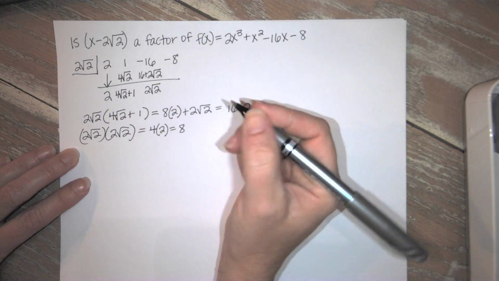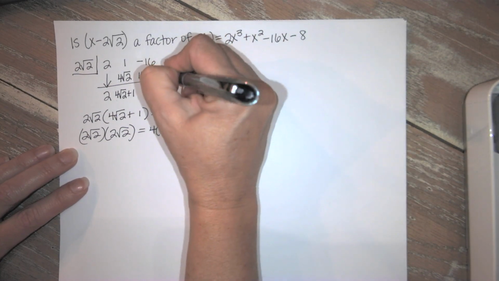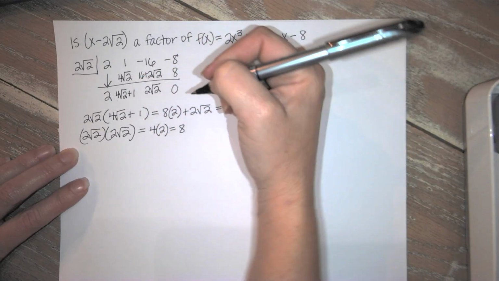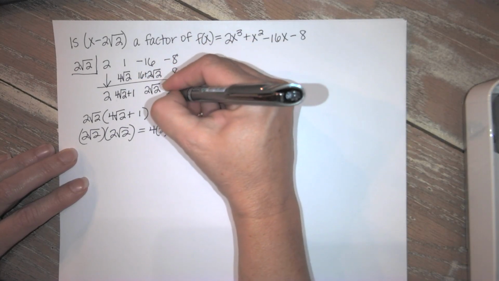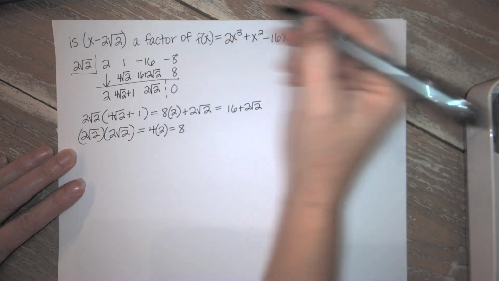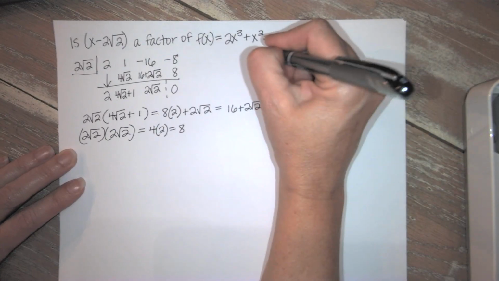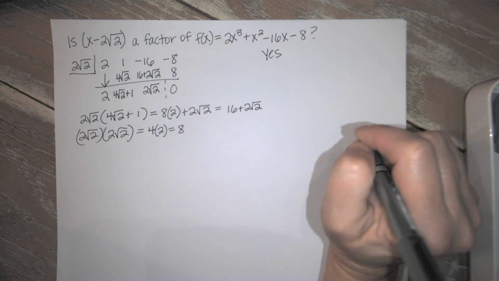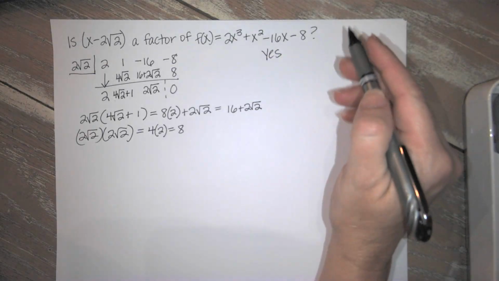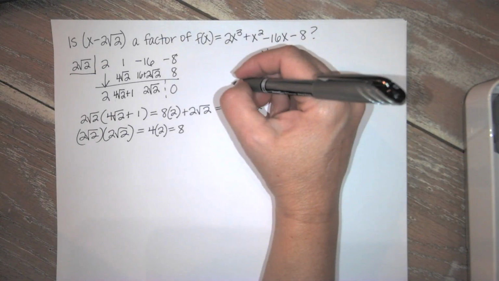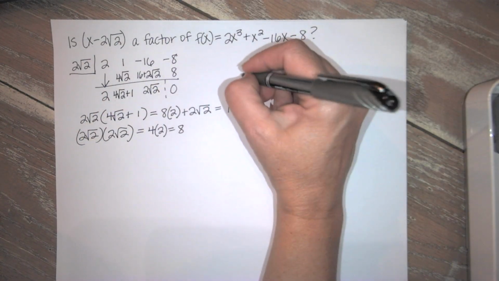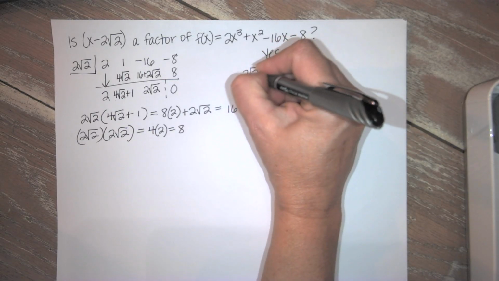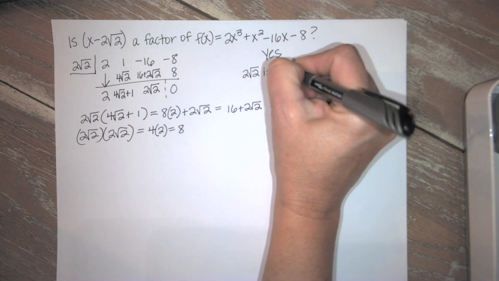So that gives me 8, which goes here. And you see that that, in fact, makes 0 as my remainder. So the answer to this question is yes. X minus 2 square roots of 2 is a factor of this polynomial. And in addition to that, if we know this is a factor, then we know that this is a 0.